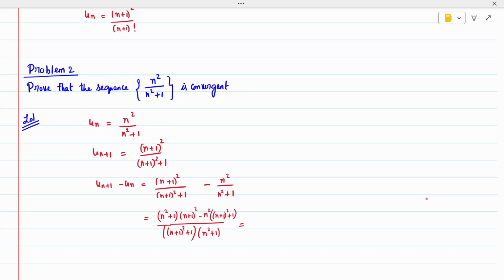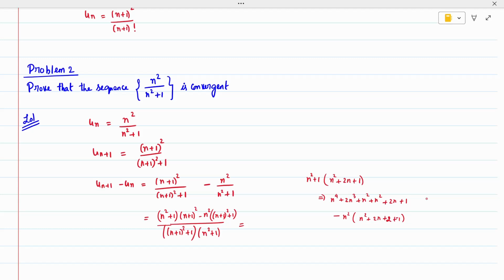So the whole squared is n squared plus 2n plus 1. Already outside we have n squared plus 1. So it is nothing but n power 4 plus 2n cube plus n squared plus n squared plus 2n plus 1. Okay, minus, same way when I multiply it, n squared outside, so n squared plus 2n plus 1 plus 1.